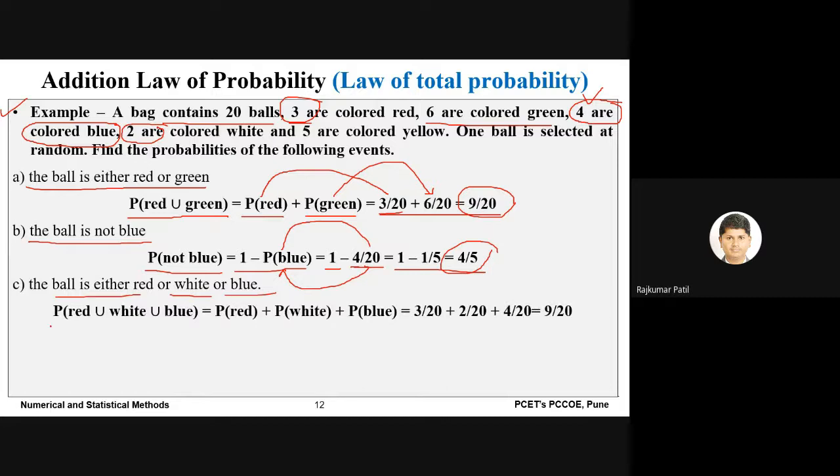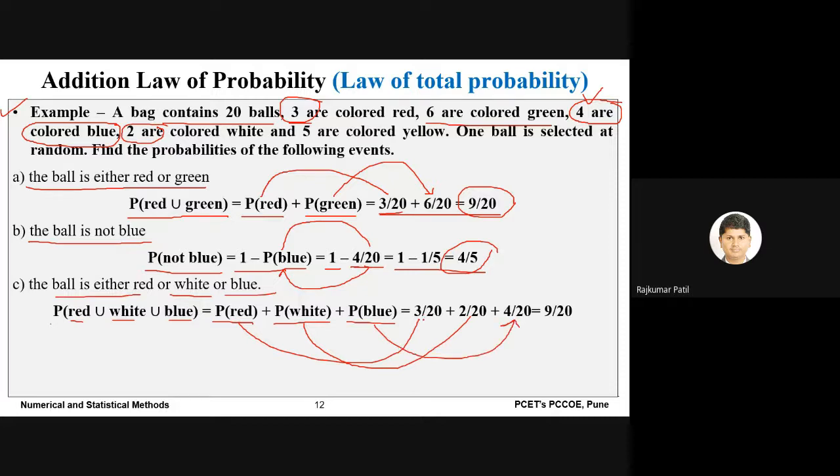Then you can see that probability of getting either a red or white or blue ball is equal to probability of getting red, which is 3 by 20, plus probability of getting a white ball, which is 2 by 20, plus probability of getting a blue ball, which is 4 by 20.